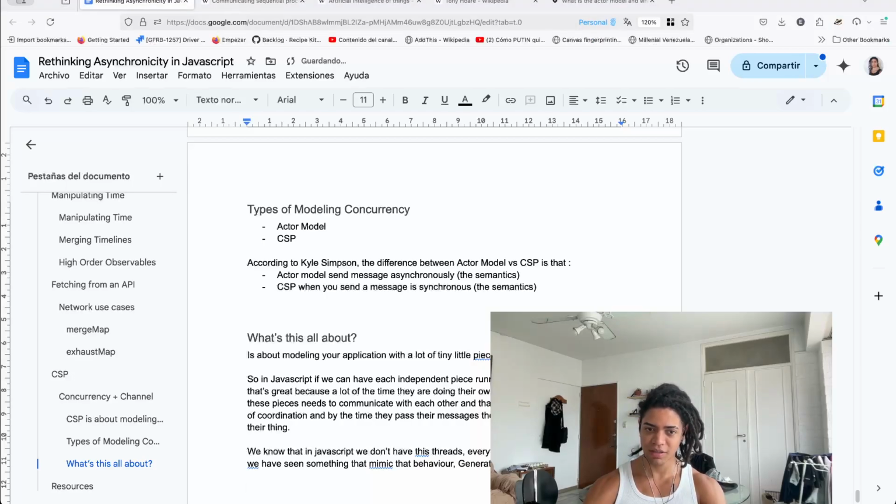Exactly. So the idea is to have a bunch of generators, a small piece of code each, and when they need to communicate, they block each other and pass their message.